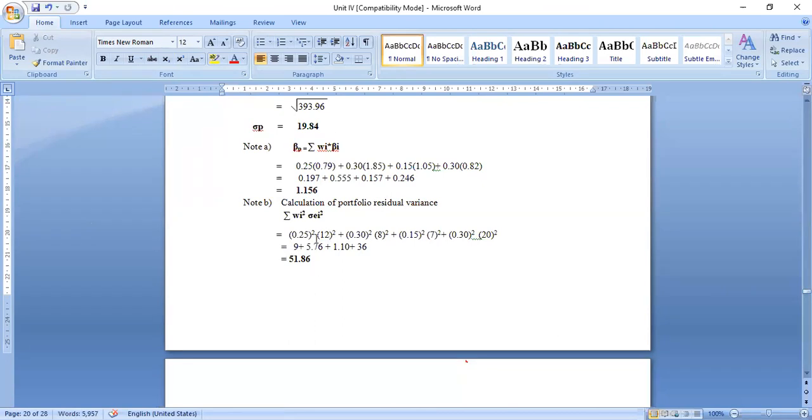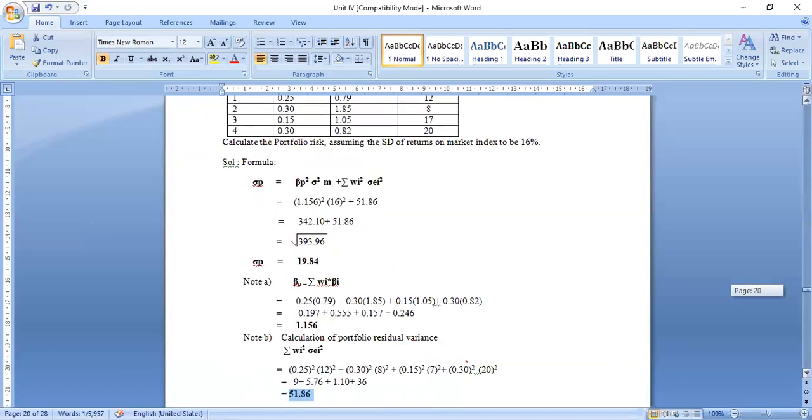So 0.25 square into 12 square will give us 9 plus 0.30 square into 8 square will give us 5.76 plus 0.15 square into 7 square will give us 1.10 plus 0.30 square into 20 square will give us 36. So the summation of the residual variance of all these four securities will give us 51.86.